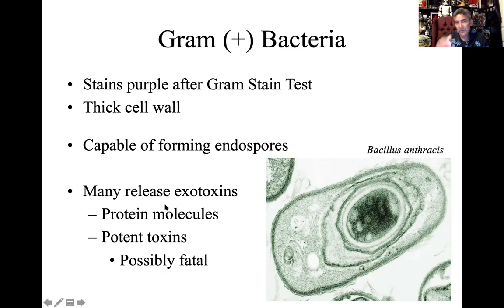To make matters a little bit more complicated, some of the Gram-positive bacteria are capable of releasing exotoxins. I don't know if you've heard of anthrax. Bacillus anthracis is the bacteria that causes anthrax. Bacillus anthracis is a Gram-positive, purple staining, thick peptidoglycan cell-walled bacteria.